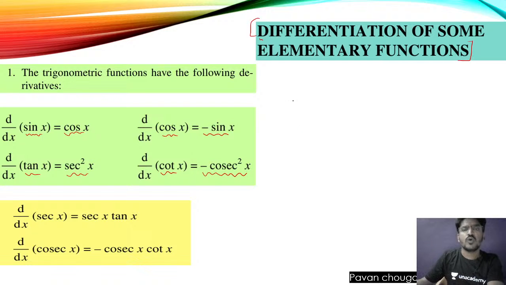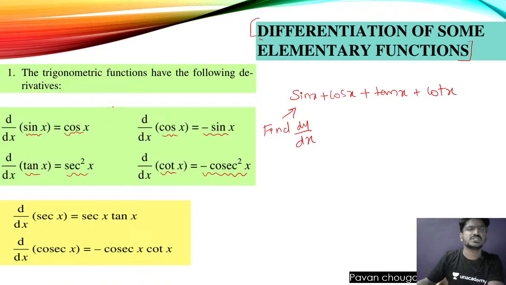Clear? So what I will do, I will give you one function. See, sin x plus cos x plus tan x plus cot x. Now what I will ask, find dy by dx of this. See here, all the functions' formulas are present here, so from that you can choose the formulas.